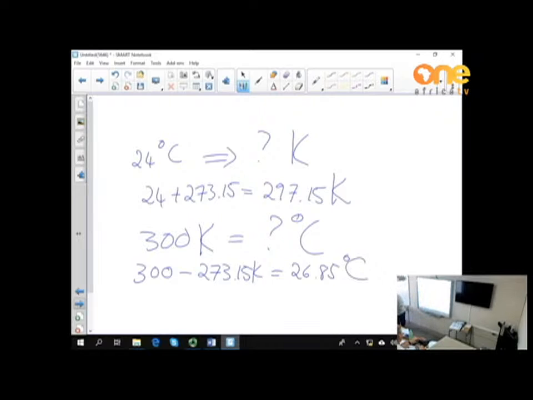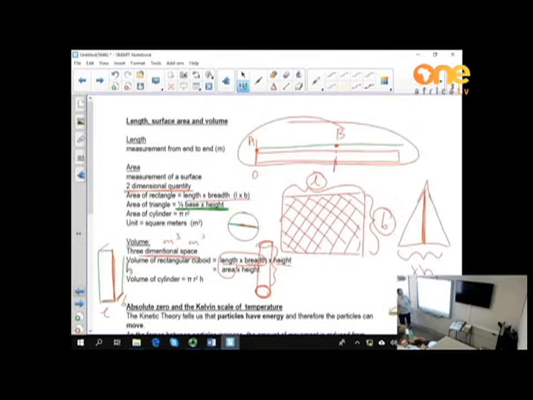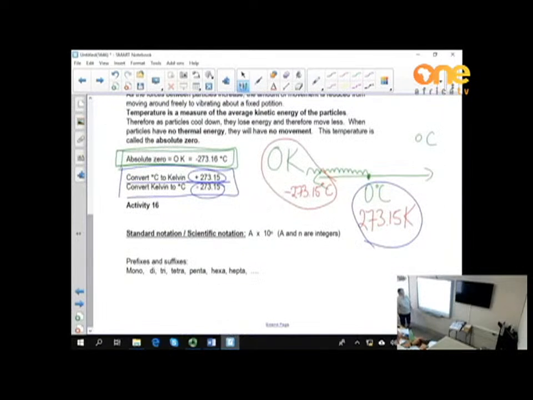Do you follow? So what is the value that you must remember? To convert Kelvin to Celsius and Celsius to Kelvin, you add or subtract 273.15. Very commonly they will tell you to round it off to 273. We ignore the 0.15, but it depends on that.